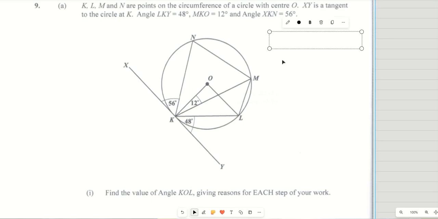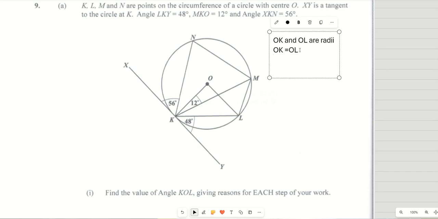First off, we know that OK and OL are radii of the circle. Also, if they are both radii, that means OK is equal to OL. We also know, now this is just general points, that OK and OL are radii, therefore they are the same. Right?